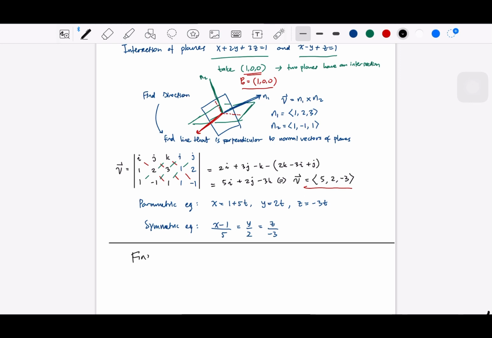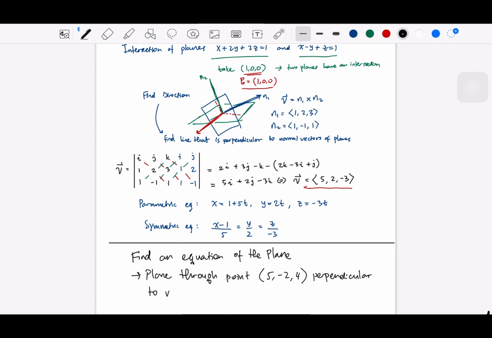So find an equation of the plane through point 5, negative 2, 4, perpendicular to vector negative i plus 2j plus 3k.